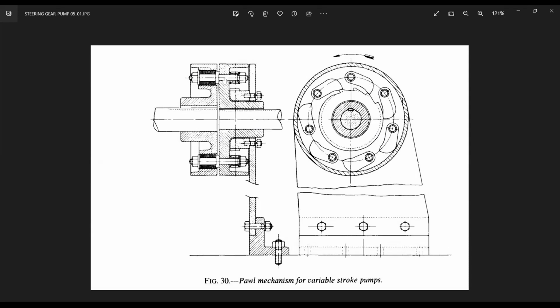The coupling is there, and on one side of the coupling, there is another flange which is covering the entire arrangement, and over there are arranged these pawls, as you see here. This is the pawls over here, and this is the ratchet mechanism which is in the center, which is stationary, and the pawls are moving.